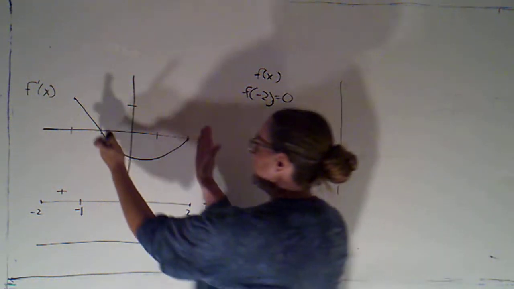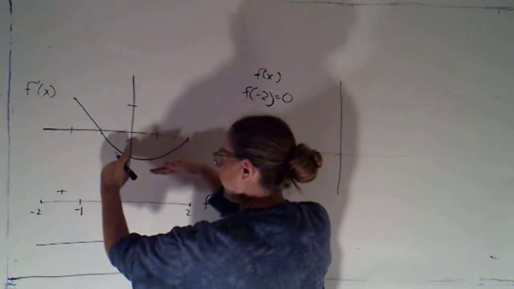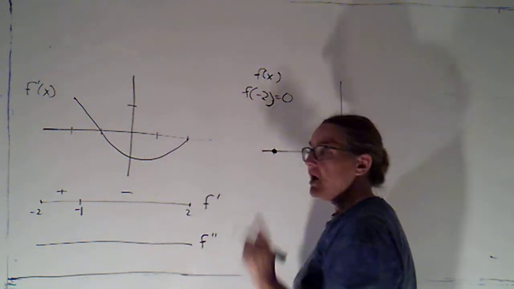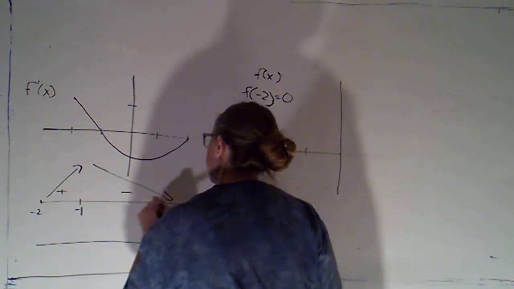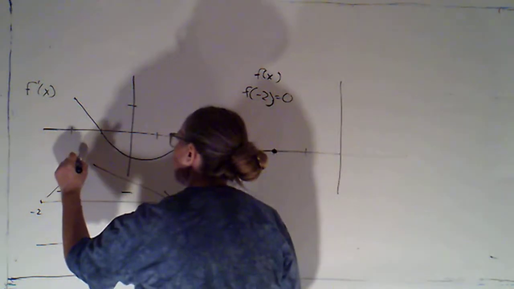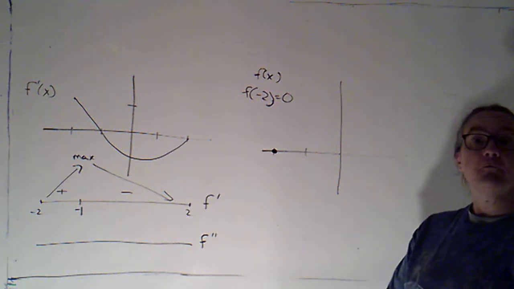On the other hand, between -1 and 2, the graph of f prime is below the x-axis. That makes it negative. So I know that my function f is going to be going up, and then it's going to be going down, so that I'm going to have a maximum value when x is equal to -1.